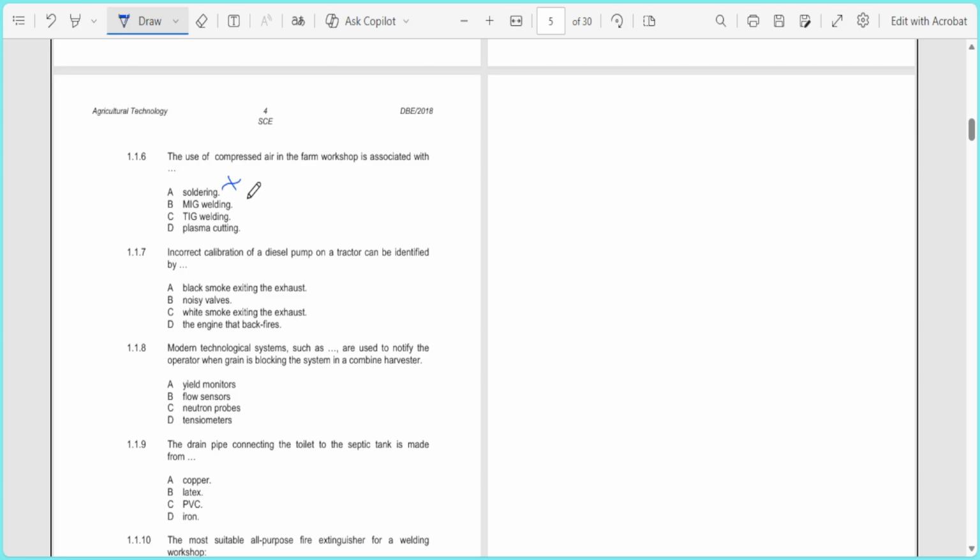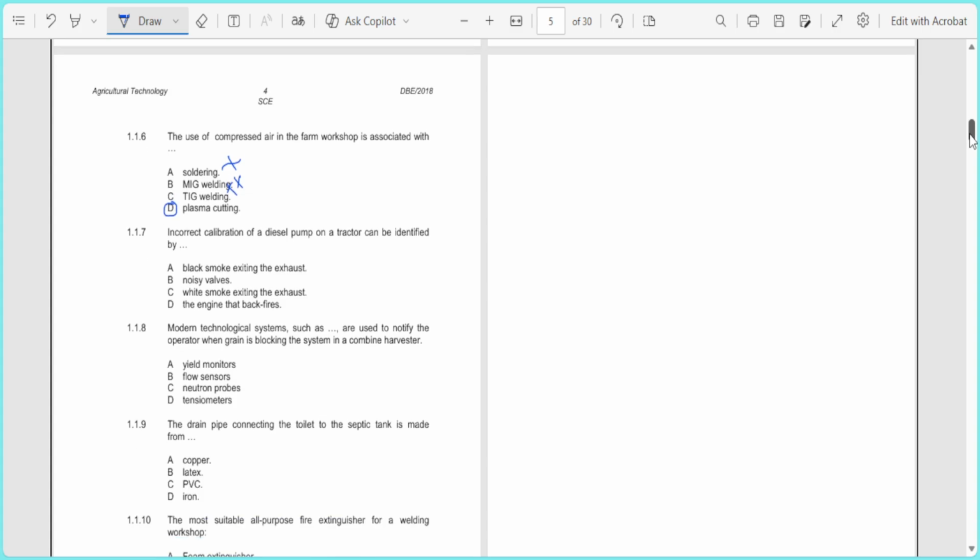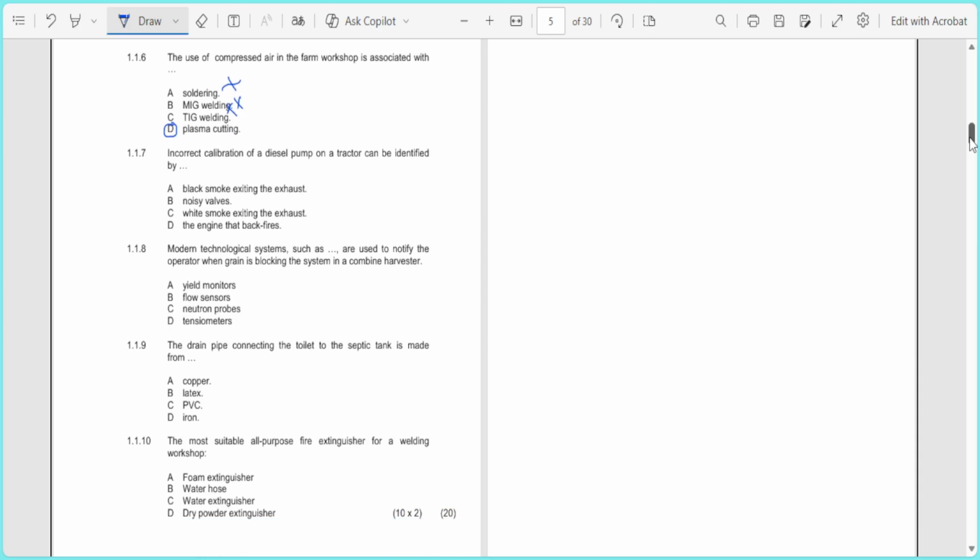So no compressed air is required with this one. So MIG welding, you are out, buddy. What about TIG welding? TIG welding uses inert gas shielding only, so no. Compressed air goes to D, plasma cutting. So it makes use of compressed air in the farm workshop.